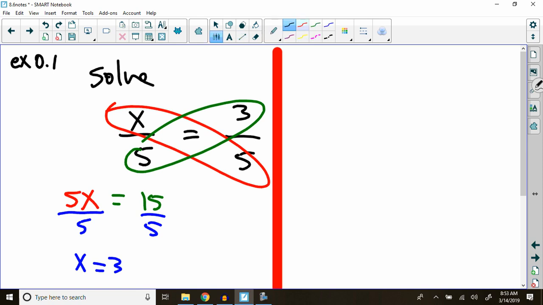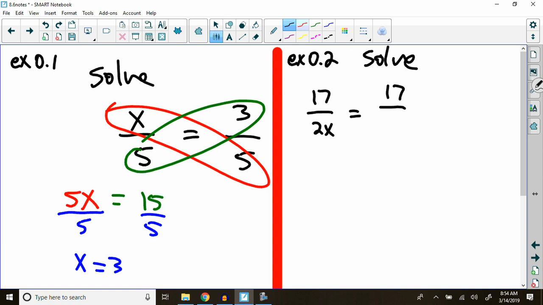But this time, we're going to go example 0.2. We're going to solve 17 divided by 2x is equal to 17 divided by 3. Okay? So to solve a proportion, we've got to cross multiply, right?